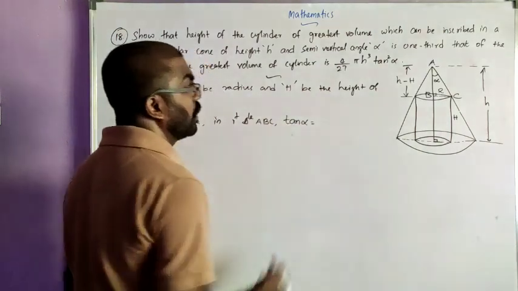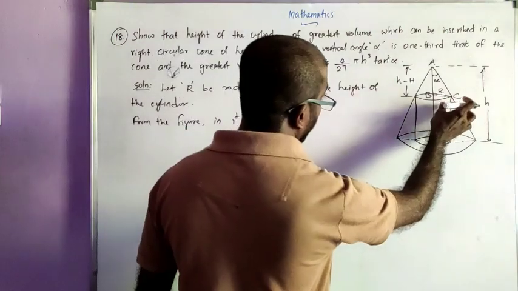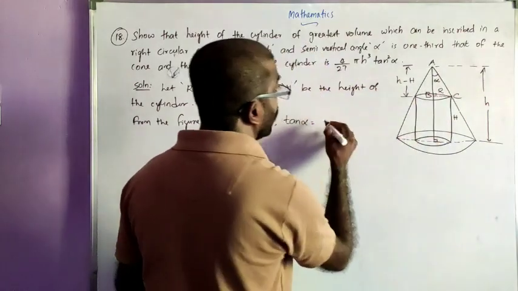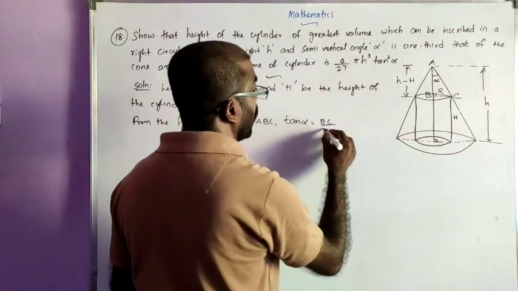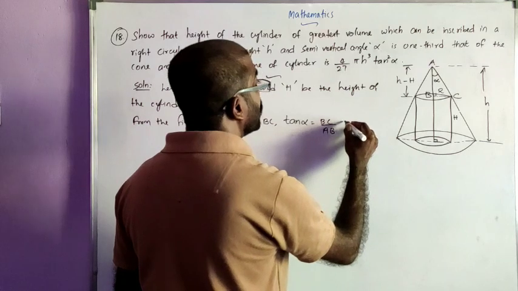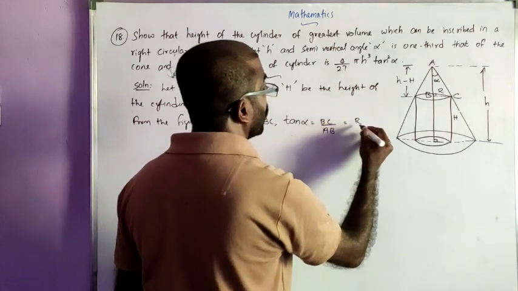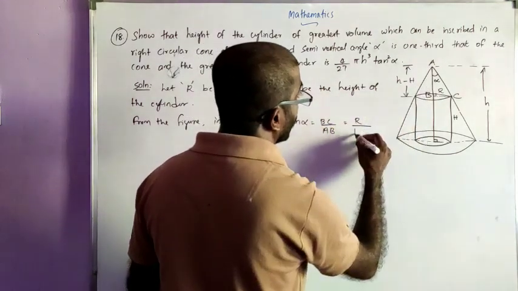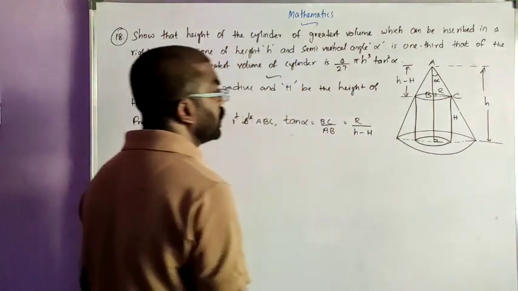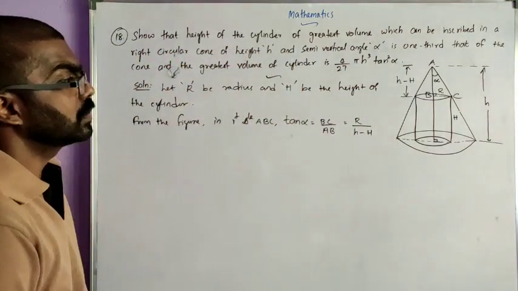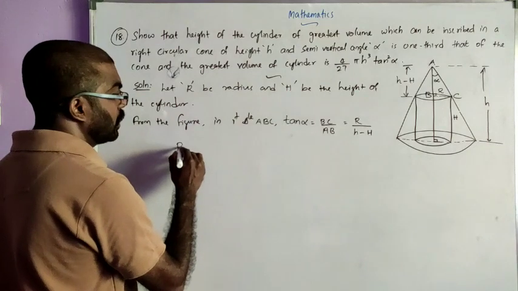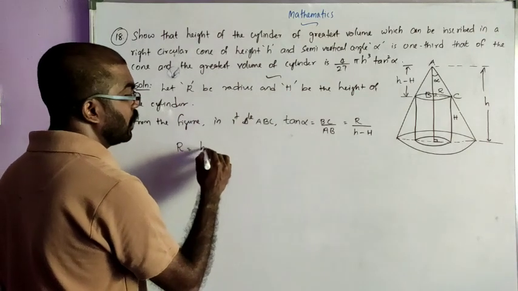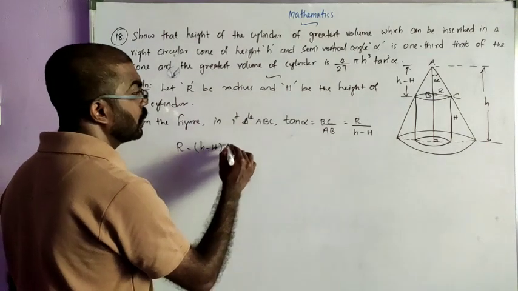Here tan alpha, that is tan theta, is opposite side by adjacent side. So here it is BC by AB, and BC is capital R, and AB is small h minus capital H. And from this we can write capital R equal to (h minus H) into tan alpha.